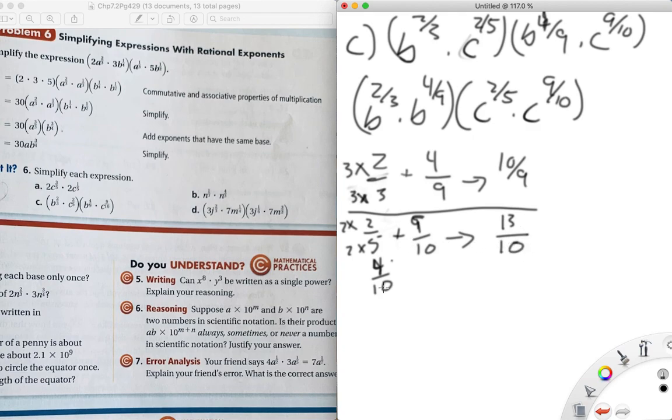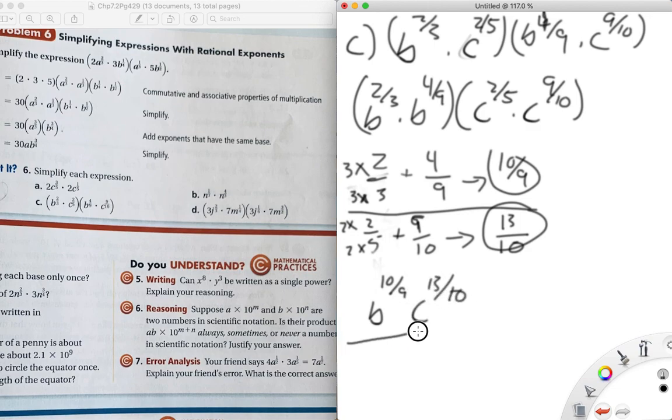That would be 13 tenths. So now I have my fractions for my variables. So it's going to be b to the 10 ninths, c to the 13 tenths. Okay, so that was 6C. And I think that I'll stop there.